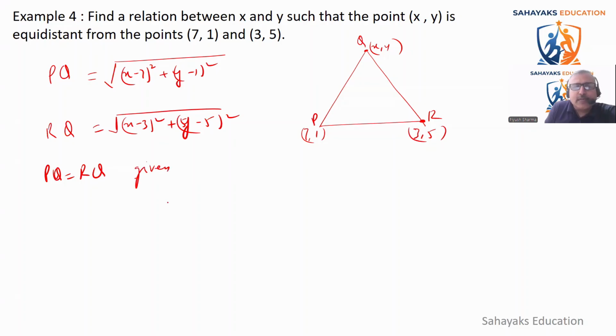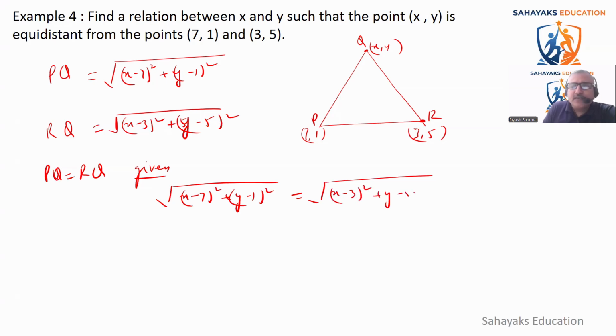So I can say that square root of (X minus 7) whole square plus (Y minus 1) whole square is equal to square root of (X minus 3) whole square plus (Y minus 5) whole square. I'll take the squares of both the sides.